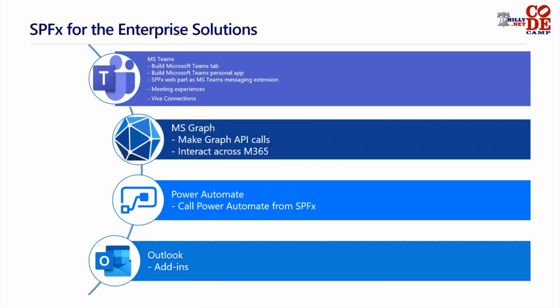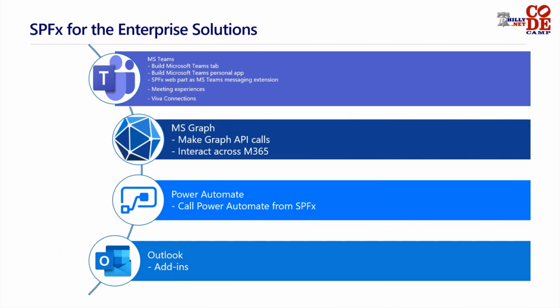So firstly, Microsoft Teams, which is the main focus of discussion for this session. We can use Microsoft Teams solutions built with SharePoint Framework. We can build a Teams tab using SPFx. We can create a Teams personal app using SPFx.